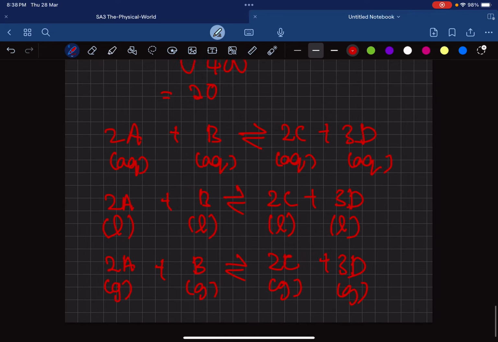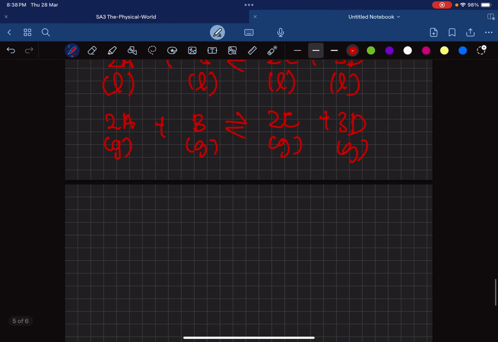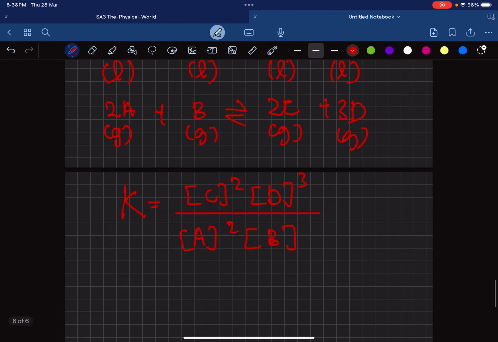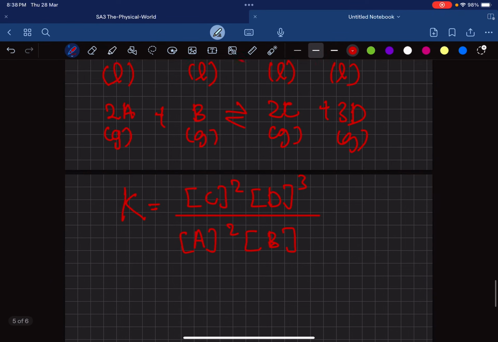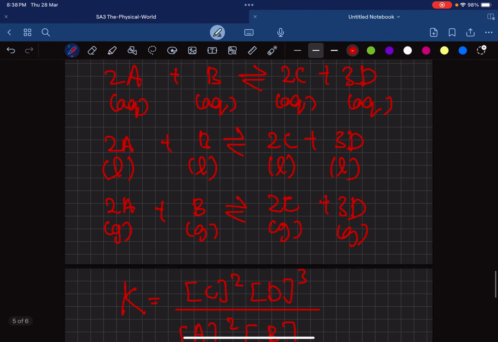Let's say they were all like this, homogeneous. Then the expression will be the same for all of them, which will be c power of 2, d power of 3, a power of 2, and b. Okay, that's what it will be. Got it? All right. So that will be how we write the expression for all of this.